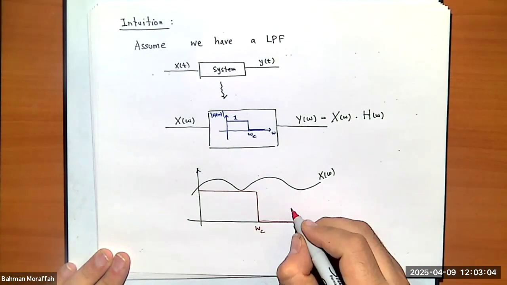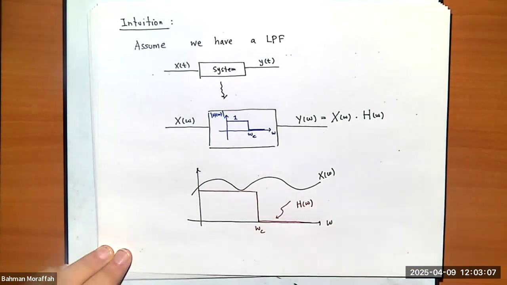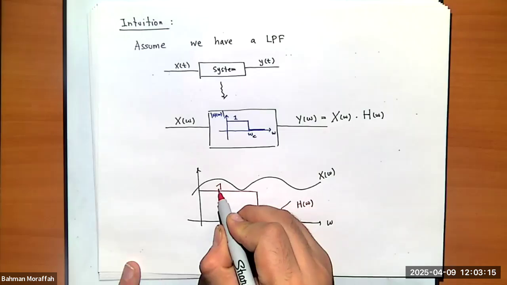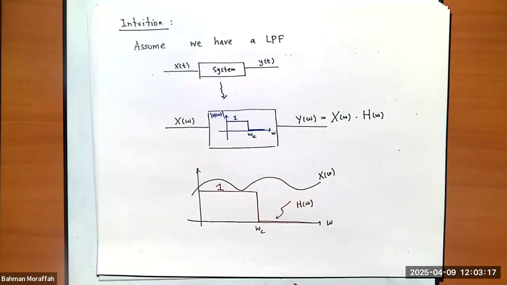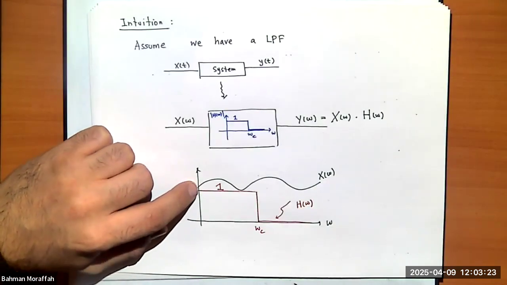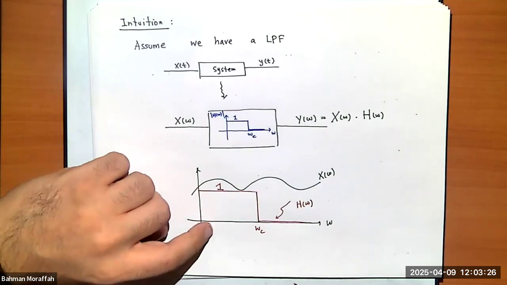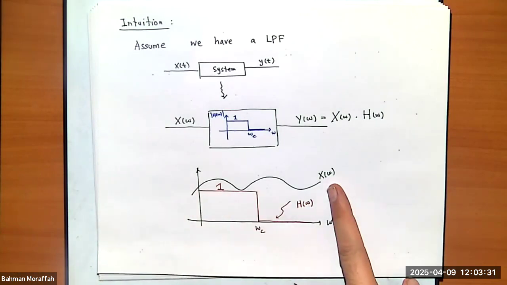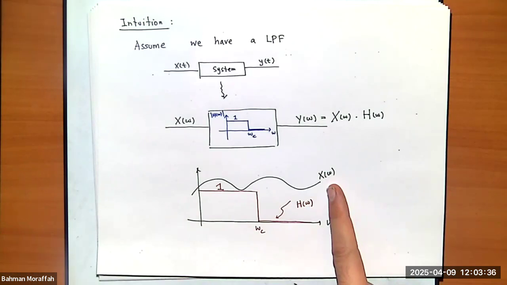This is some omega c. Again, we're only talking magnitude. If I multiply these two out, what is happening? Remember, this number over here is 1. What is the value that I have at this point? That is 1 times the value of x of omega. All the way till this omega c, I'm multiplying 1 by x of omega. So what is my output then? This is exactly x of omega.